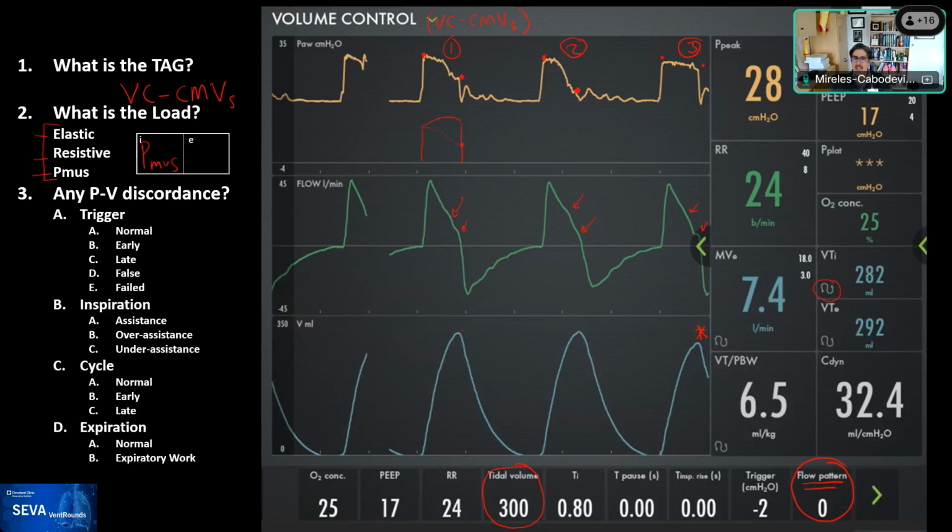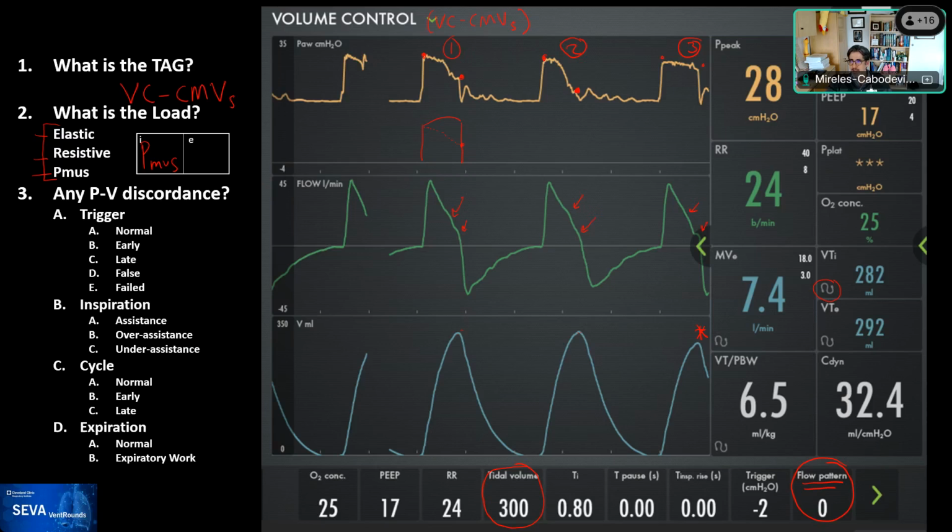All right. Very good. So now you know that there's PMOS. Now, what's the load during exhalation? Fernando, you have to be more specific.